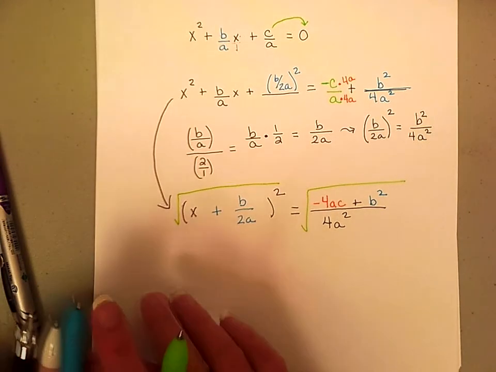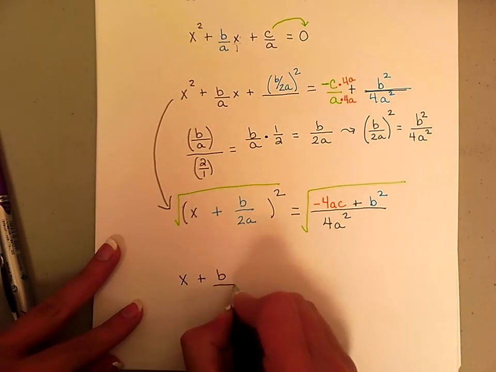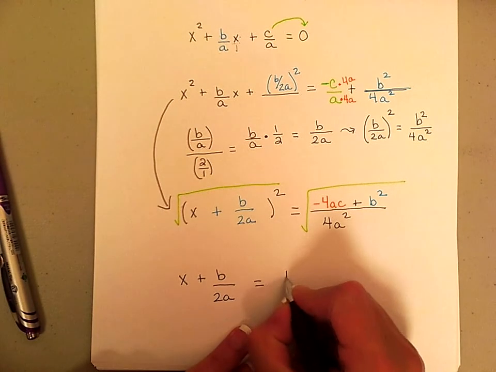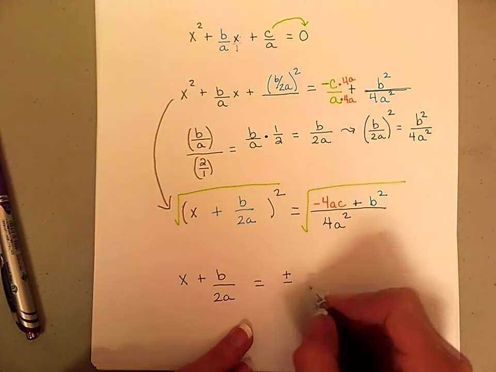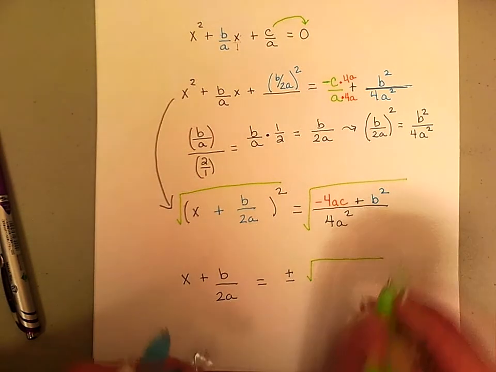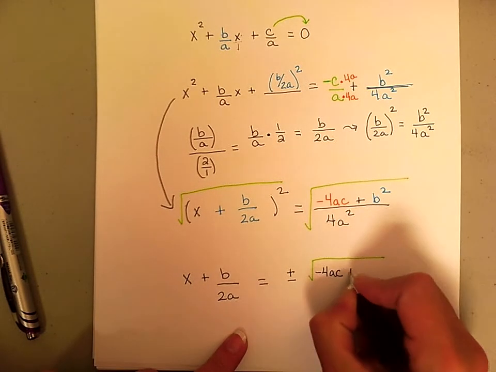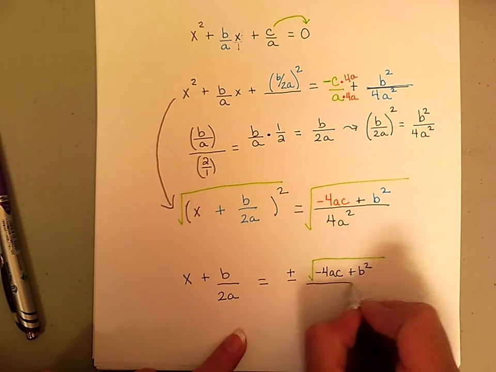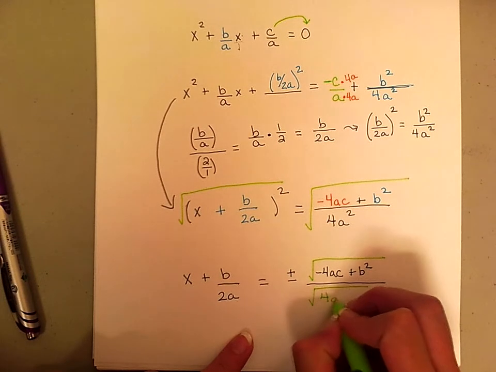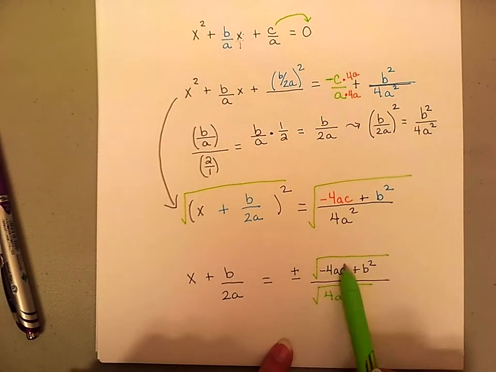The square root and the squaring will undo each other, and we have x plus b over 2a must be equal to plus or minus, and let's split these up, the square root of minus 4ac plus b squared over the square root of 4a squared. Just splitting this radical.